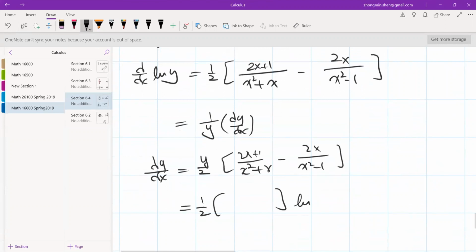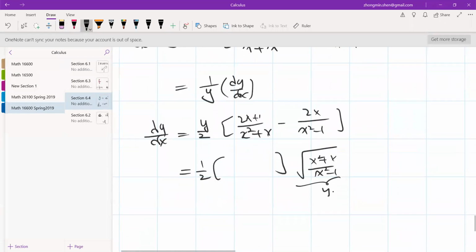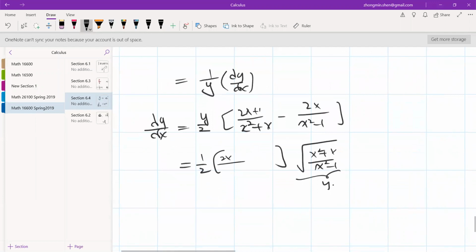Y is just the square root of x squared plus x over x squared minus 1. And here is 2x plus 1 over x squared plus x, minus 2x over x squared minus 1. So we find the derivative.